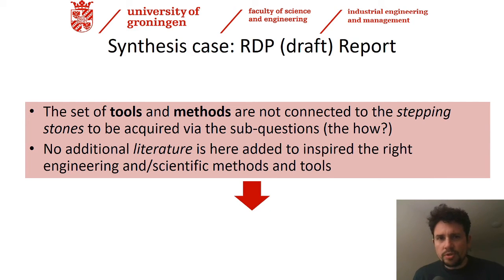Enriched with literature, it could be that the papers you have used during your problem context and problem analysis, or the elaboration of your research objective, are also representative to justify the methods and tools. Think about those stepping stones.